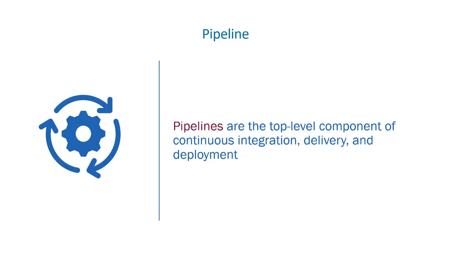Pipelines are the top level component of continuous integration, delivery, and deployment. And normally when you're talking about DevOps in organizations, what we're trying to do is basically achieve continuous integration, delivery, or deployment. And for us to actually achieve that, we need to develop a pipeline.